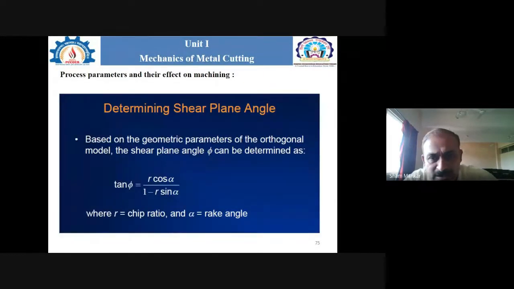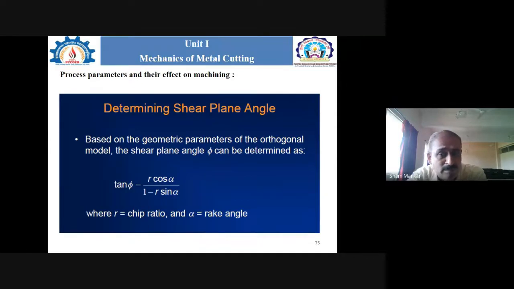Okay. So now the next point, which is again an important one, is the different kinds of process parameters and their effect on machining. As we already discussed, and Vede sir already elaborated, the different process parameters are speed, depth of cut, machining time, then the shear plane angle, then tool, and tool life.